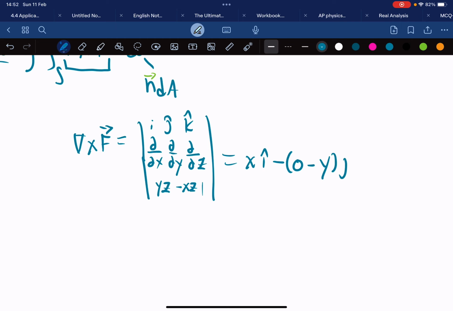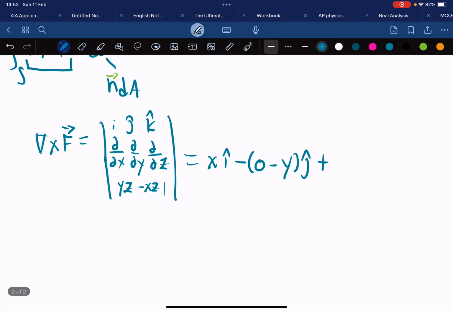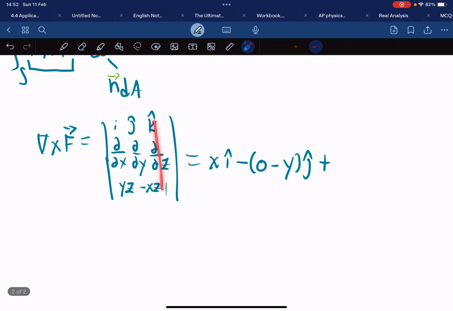So we minus y j, and then we add, cross that, and we cross this. The partial derivative of that with respect to x is just negative z, and then we subtract this value.